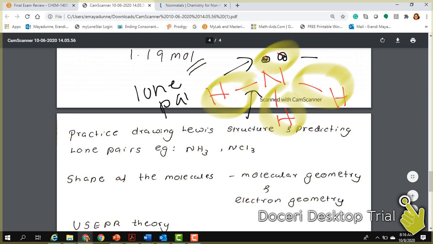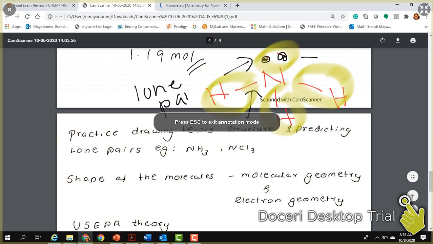But the molecular geometry considers how many bonding pairs and how many lone pairs. This is three bonding and one lone pair, which gives trigonal pyramidal. That's the difference between molecular geometry and electron geometry.